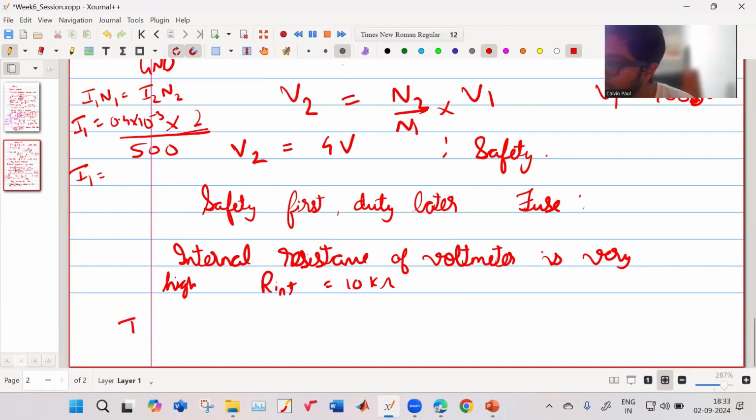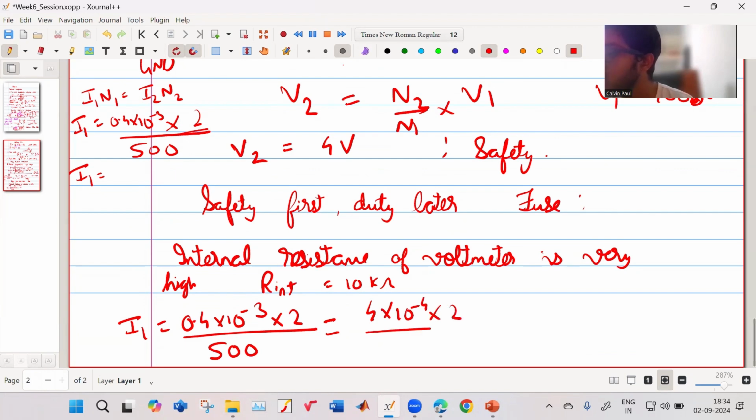First of all, I1 is given here: 0.4 into 10 to the power minus 3 into 2 upon 500, right? What I can do is write it as 4 into 10 to the power minus 4 into 2 upon 500, right? 1.6 microamps.